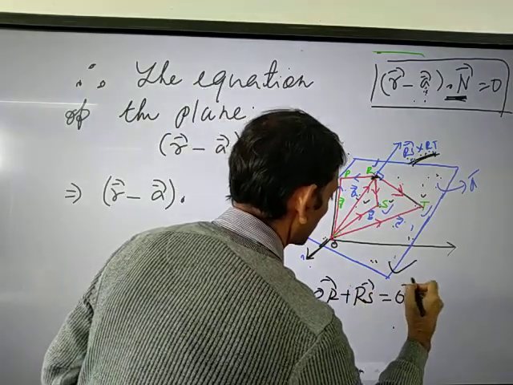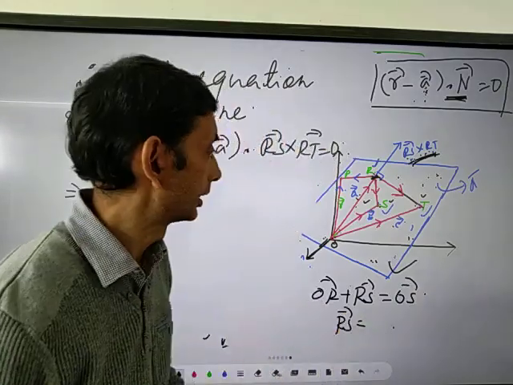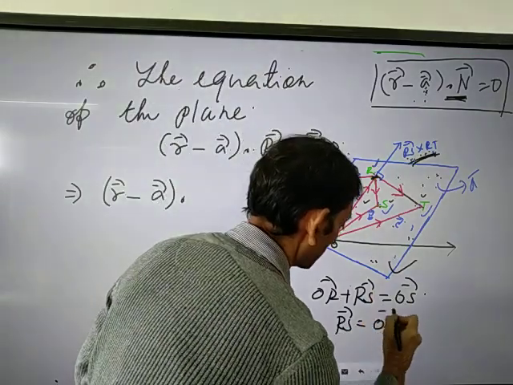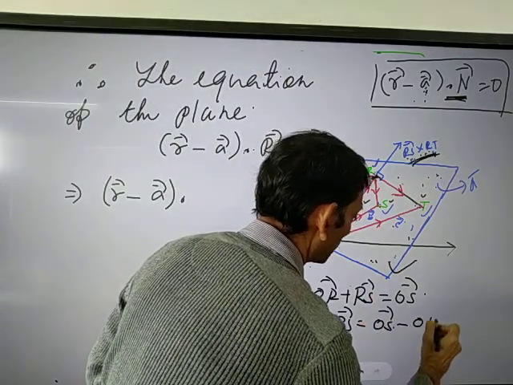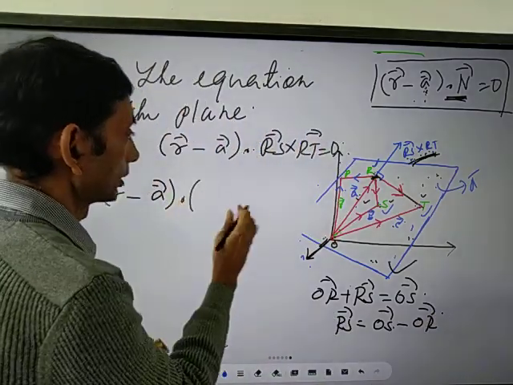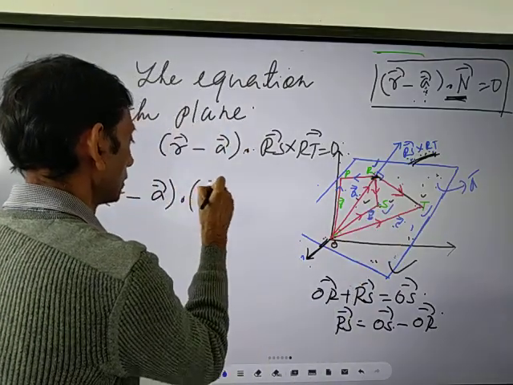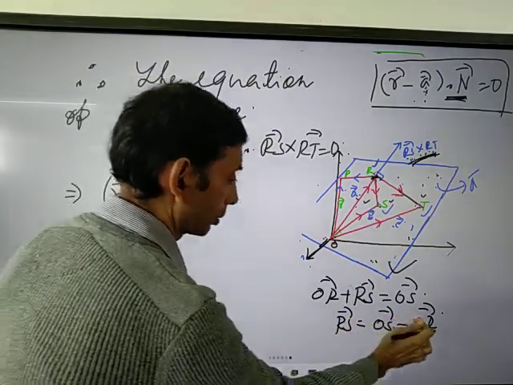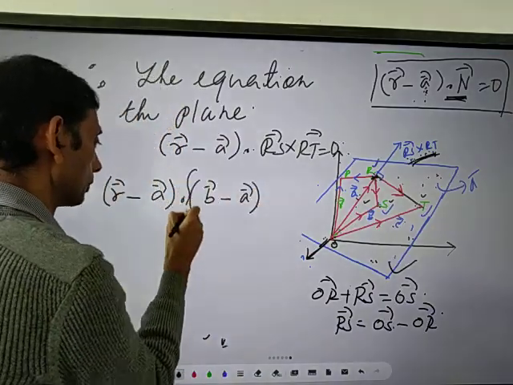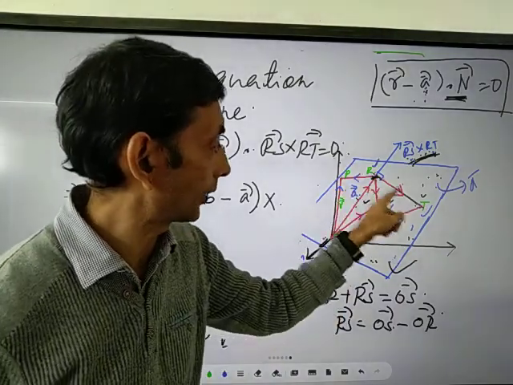Therefore, Rs can be written as OS minus OR. What is OS? OS is equal to B. So B minus OR, and OR is A. Fine. So cross Rt. Directly you can write the value of Rt.